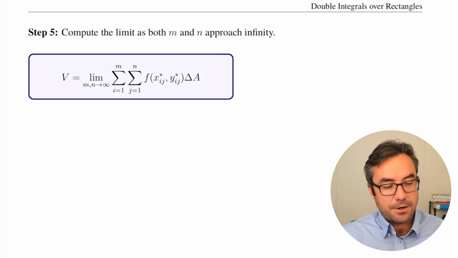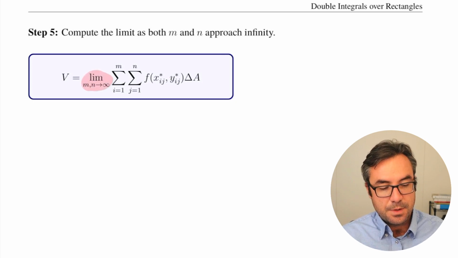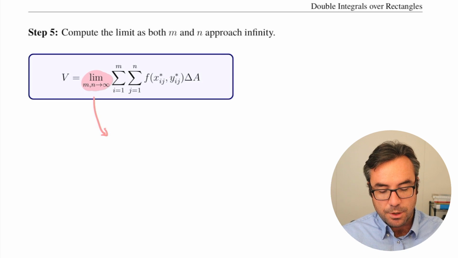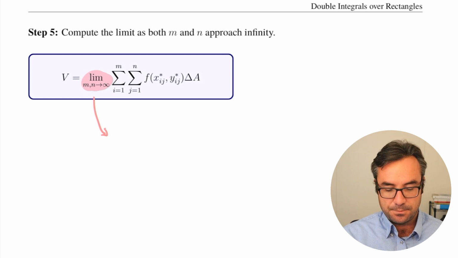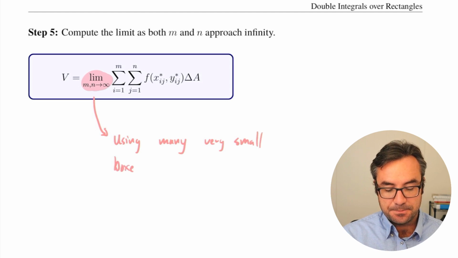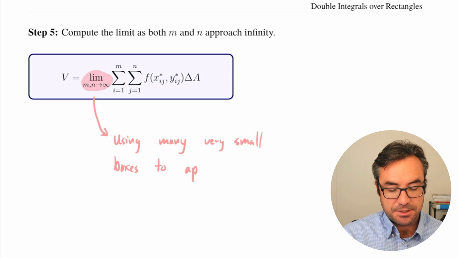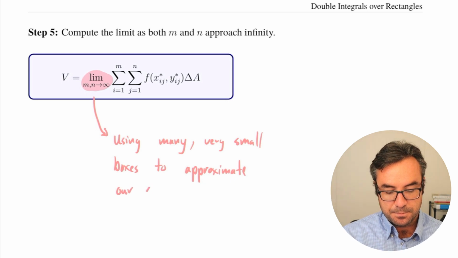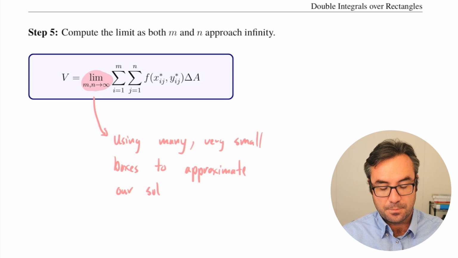So this limit here means we're going to be using a whole bunch of very small boxes to approximate our region, our solid.